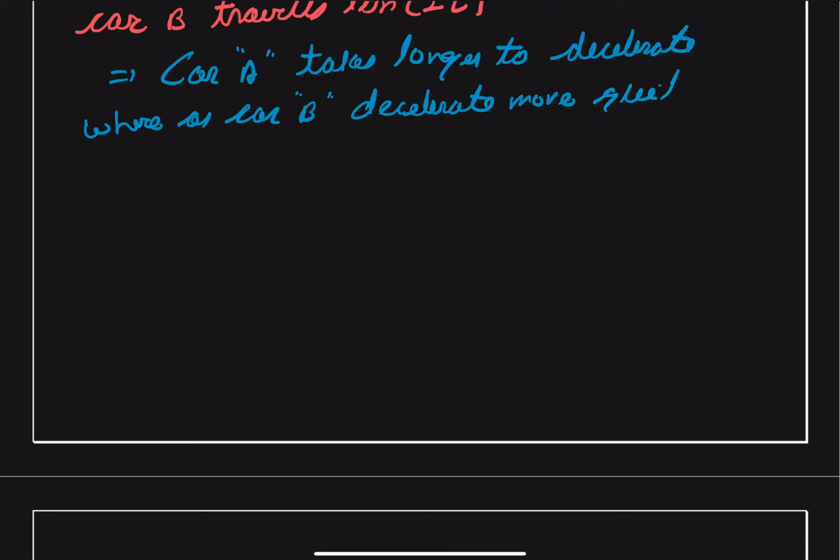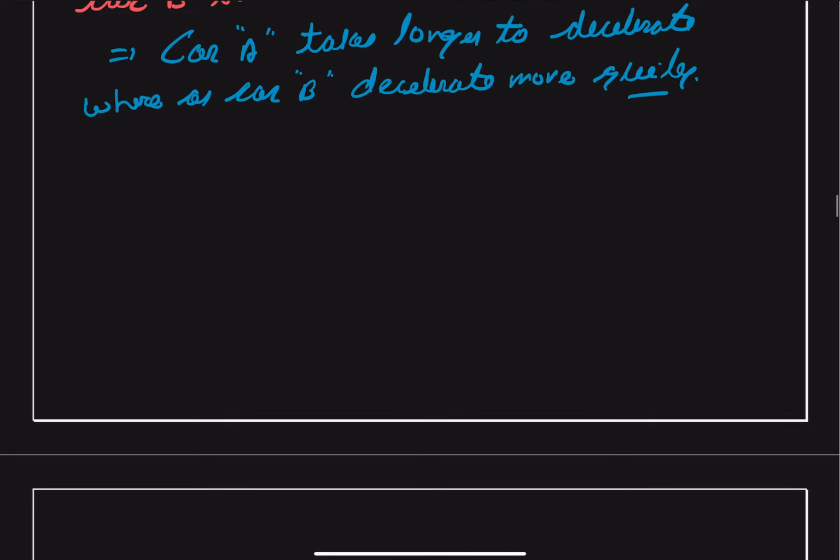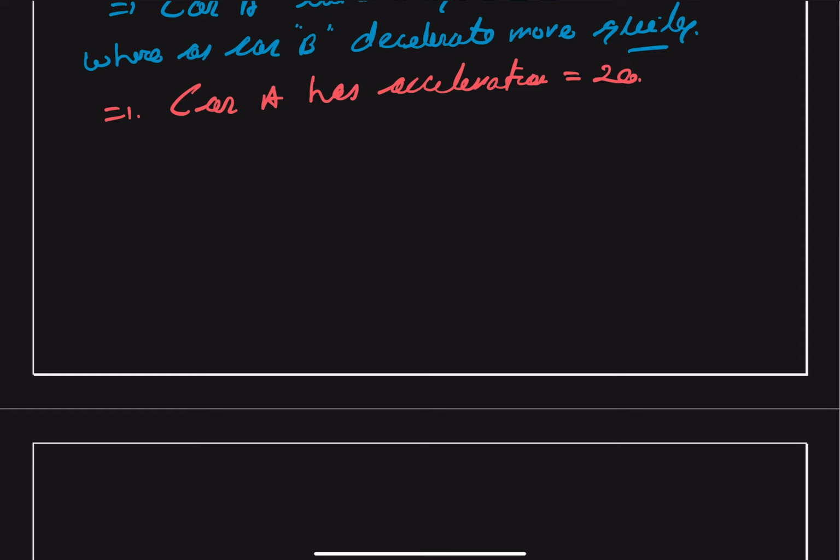Along with this, it is also given that the respective accelerations, car A has an acceleration of 2a, and car B has an acceleration which is given as 3a, because the ratio is 2:3.